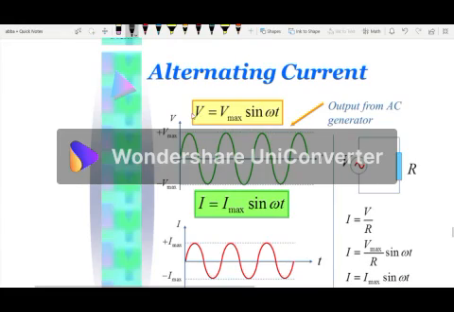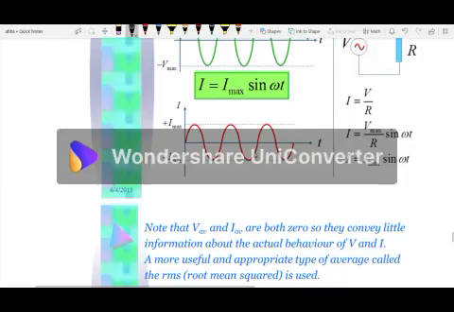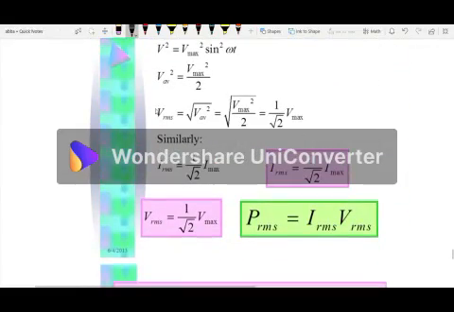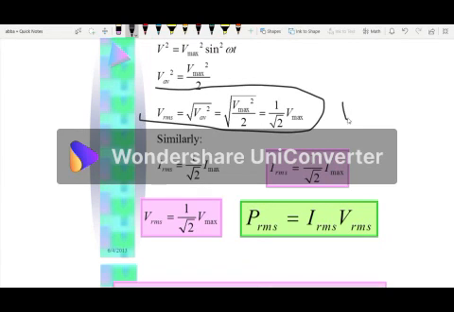Now we're going to leave this equation out. I'll tell you why later. What we need to be familiar with is this formula that we call the VRMS, which is equal to Vmax over the root of 2.